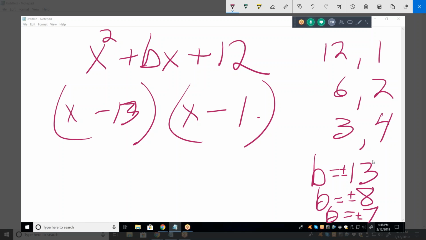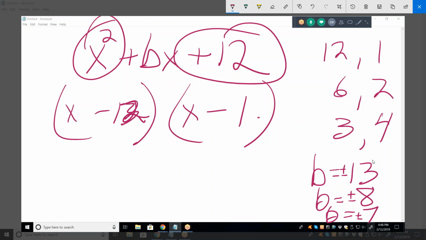Minus 12 and minus 1 works. What does that give you? That gives you a b of minus 13, right? Still gives you a plus 12. Still gives you an x squared. Just gives you a b of minus 13. So each one of these are plus and minus, which you might get extra credit on that. I'll bet you very few people notice the negative b's.